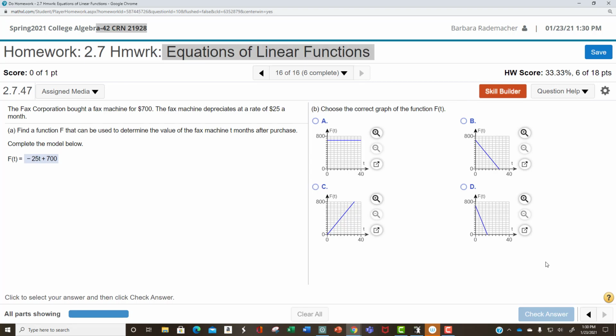These two lines both say that the value is going down. But we have to decide which one is true. We have to find out how many months it will be until the value of the fax machine is 0. Let's find out.